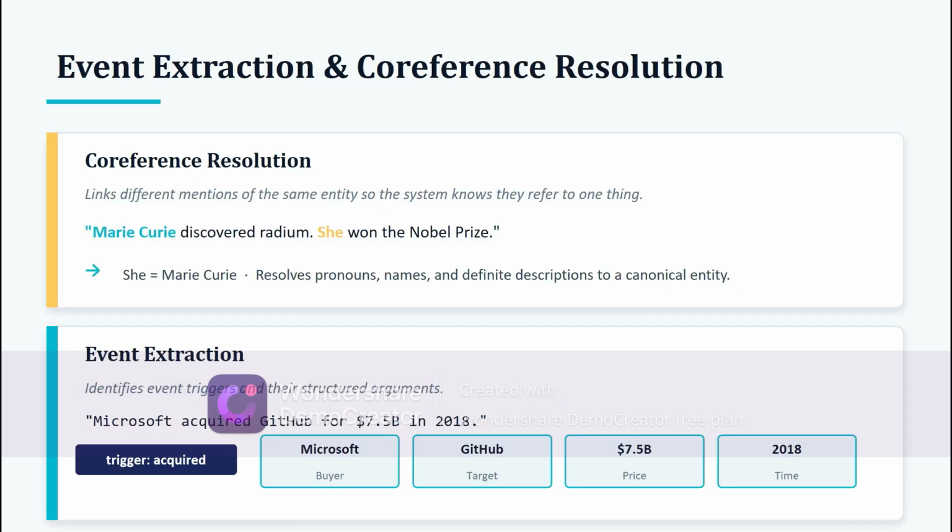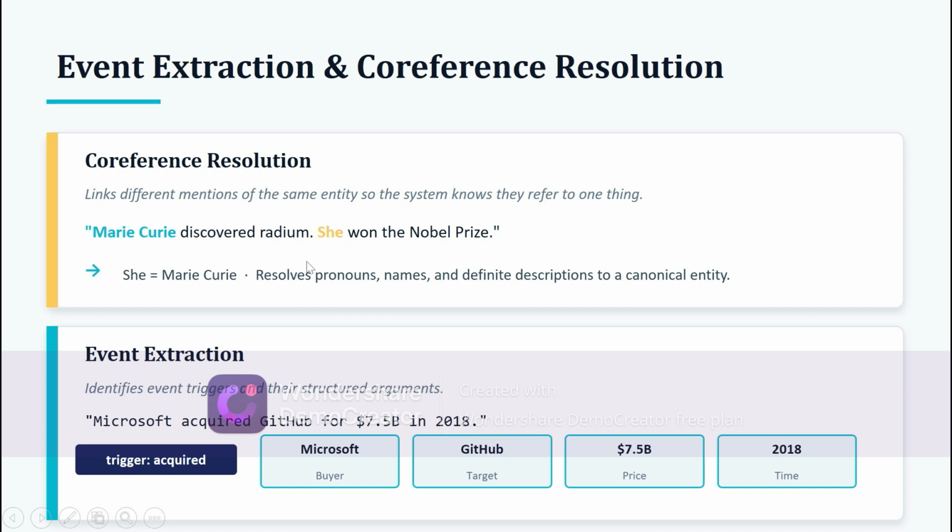Next, event extraction and coreference resolution. Two remaining subtasks round out the IE picture. First, coreference resolution. Consider the sentence Marie Curie discovered radium. She won the Nobel Prize.